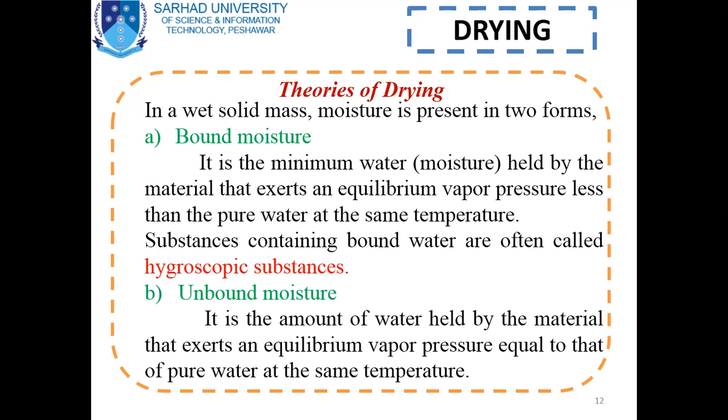It is the total amount of water held by the material, exerting an equilibrium vapor pressure in both cases, but in the first case the equilibrium vapor pressure was less than that of pure water, while for unbound moisture the equilibrium vapor pressure is equal to that of pure water at the same temperature.